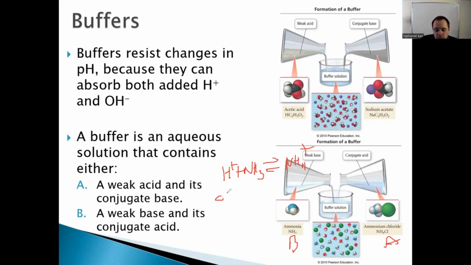If I add base to this bottom buffer, the acidic component of the buffer, the ammonium ion, will grab hold of the base and we'll make water and ammonia. So hopefully you can see it doesn't matter if it's a weak acid and its conjugate base or a weak base and its conjugate acid. Either way, you can absorb both additions of acids and bases to your buffer.